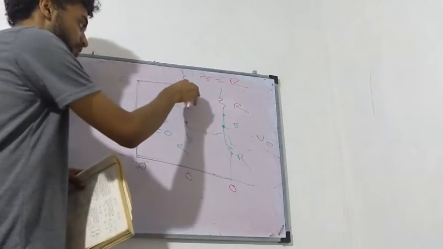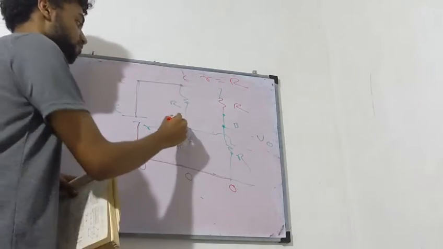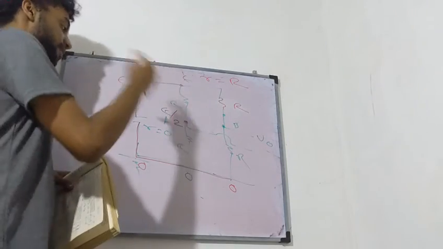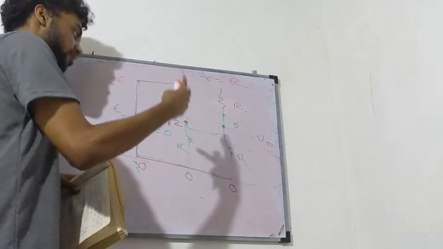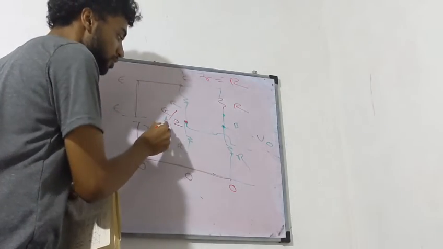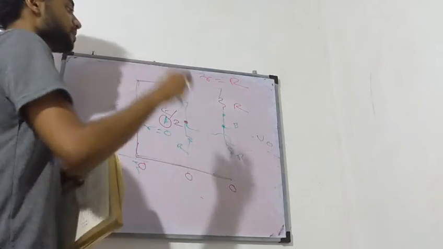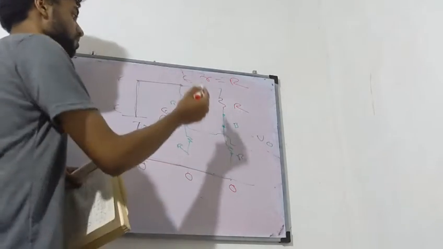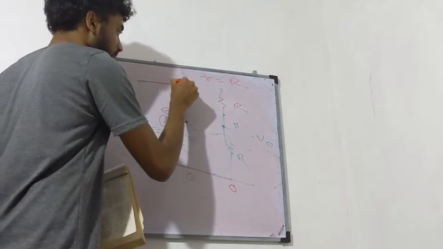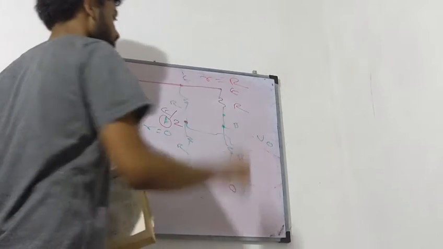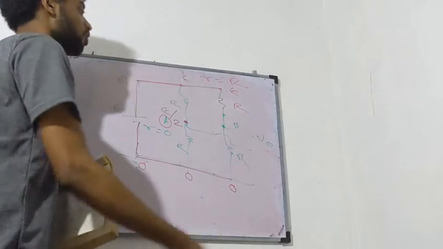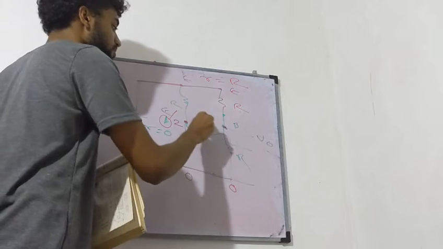So here, two equal resistors, therefore this should be E upon 2. You understand that? E was there between 2R, so how much across R? E upon 2. So we have E upon 2 as the potential at point A. Now let's see the potential at point B. This line continues, the same potential line continues, so it is E. Then if E is present between 2R, across R again E upon 2.